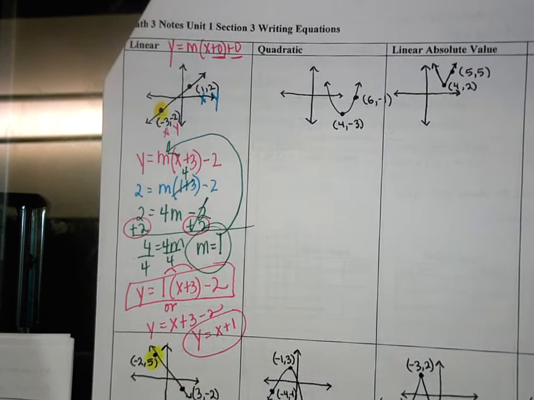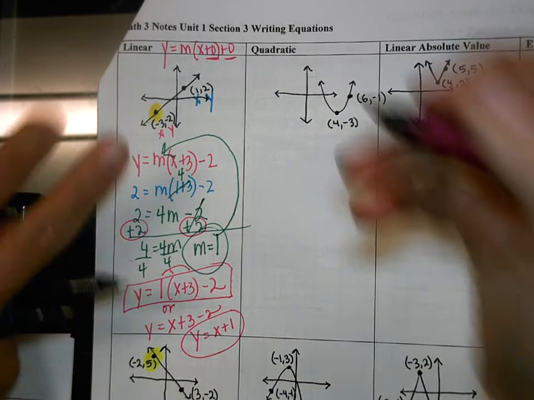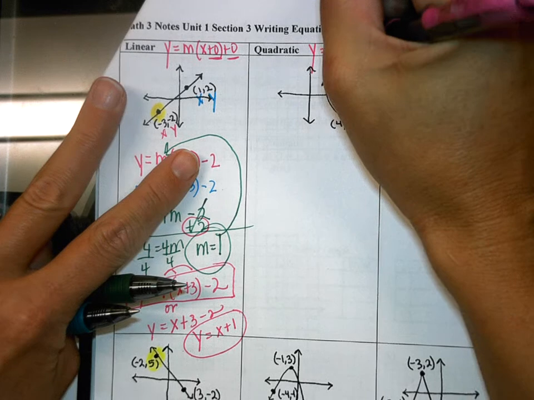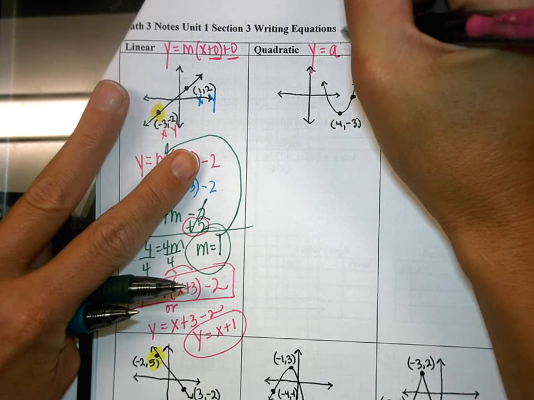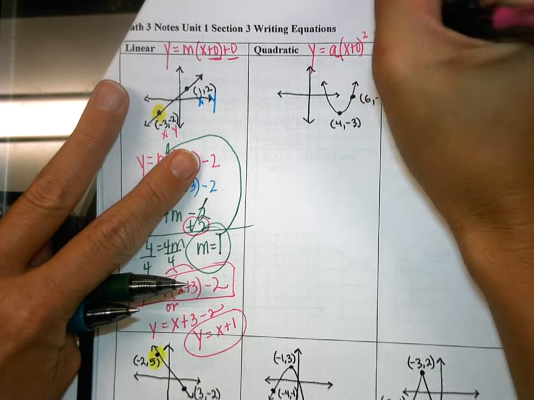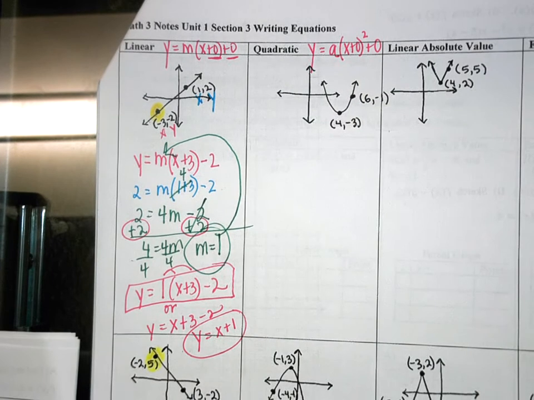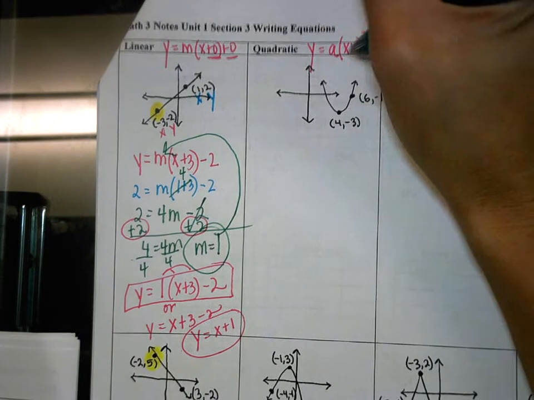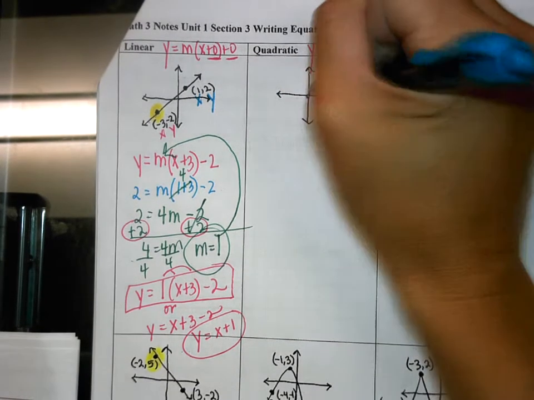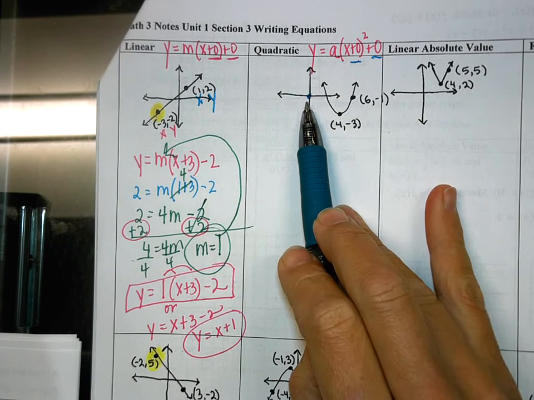So remember our quadratic, if we go back to our parent graph, it was y equals a, and then I'm going to put it like this, (x plus 0) squared plus 0. This 0 and 0 comes from if your vertex was at 0, 0.